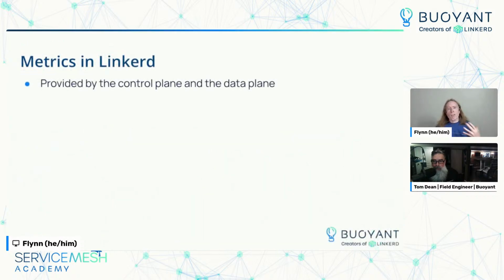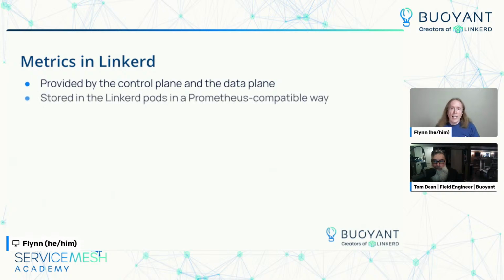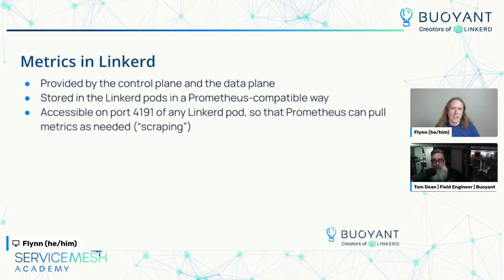Metrics in Linkerd are provided by both the control plane and the data plane. They are actually stored in the Linkerd pods, where the pods keep track of their metrics in a way that is compatible with Prometheus. They then make them available on port 4191 of any Linkerd pod.